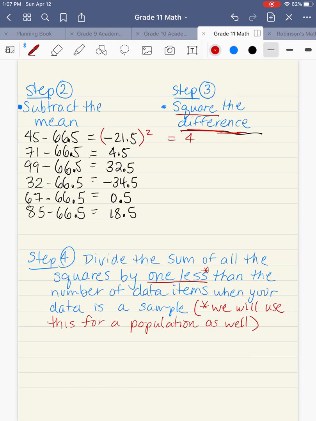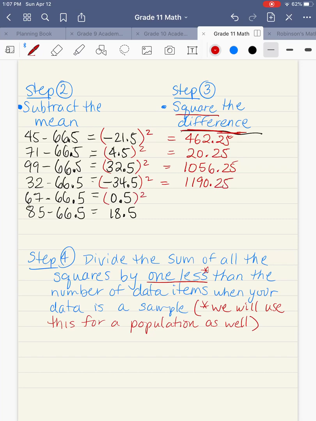So that is going to give us 462.25. If we square 4.5, we get 20.25. If we square 32.5, we get 1056.25. And if we square negative 34.5, we get 1190.25.